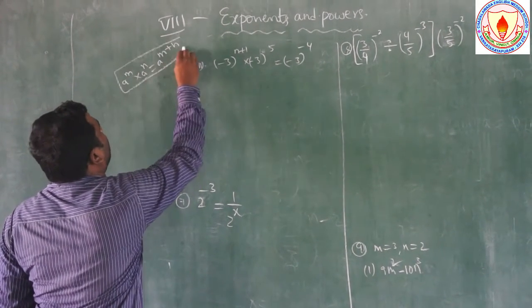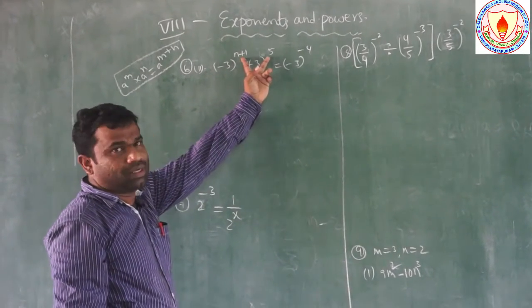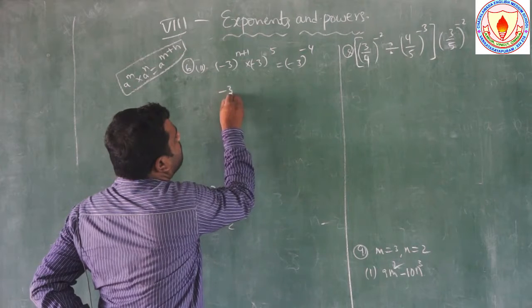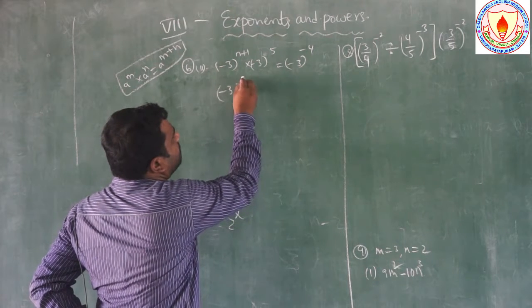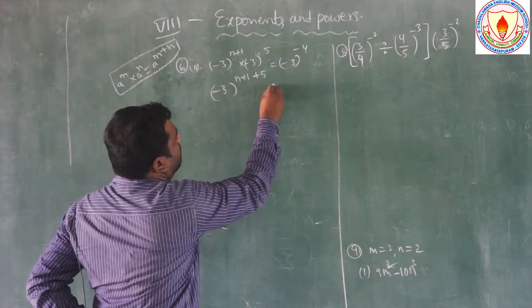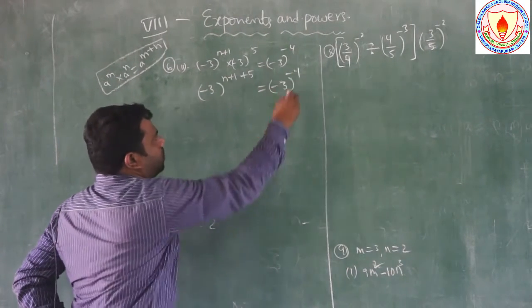By using this formula, we have to add the powers. So minus 3 power n plus 1 plus 5 is equals to minus 3 power minus 4.